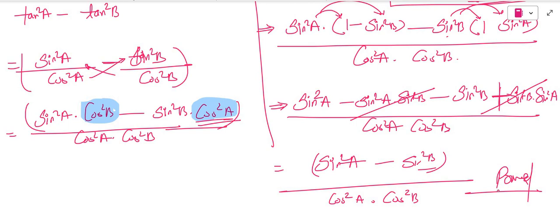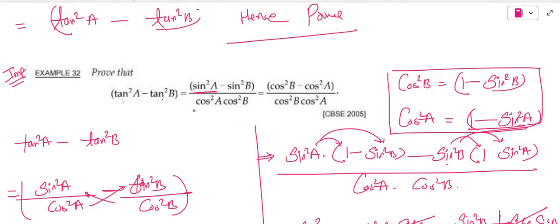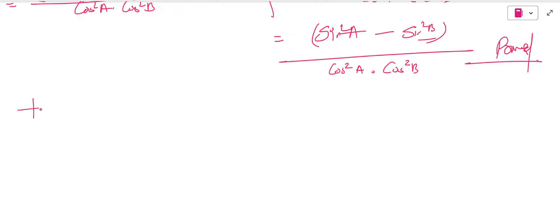Now we have to do the second part. Let me show you. So this part is done. Now we need this part where both are in cos. Correct? So let's do the second one. So let me start question from here.